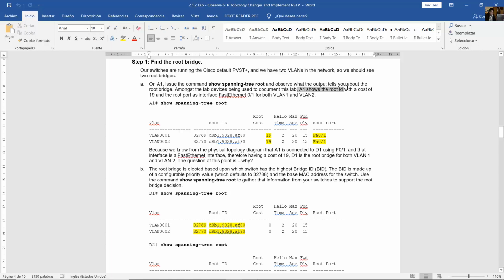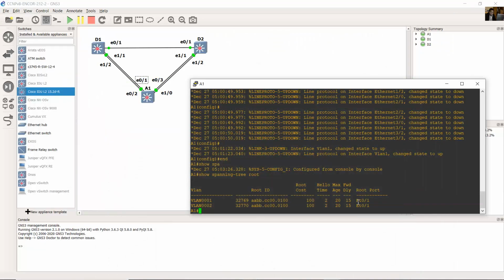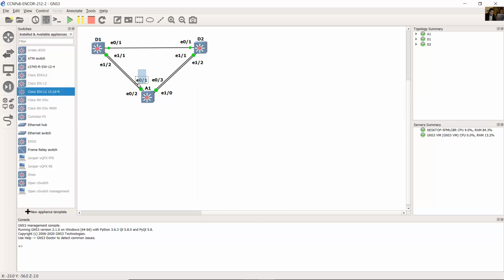A1 shows the root ID with a cost of 19. In my case, it is 100. And the root port, in my case, is Ethernet 01 for both VLAN 1 and VLAN 2. In the lab it is FastEthernet 1, but in my case, Ethernet 01.